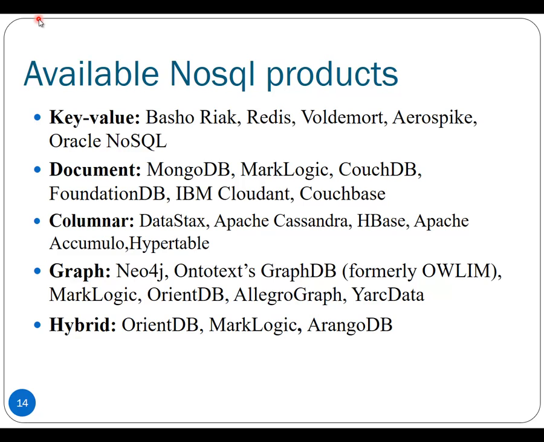The graph databases are Neo4j, GraphDB, MarkLogic, OrientDB, AllegroGraph, and others. So these are the graph databases, and the hybrid is a hybrid of these four types: key value, document based, columnar, and graph.